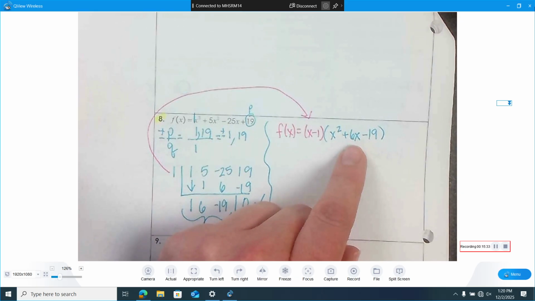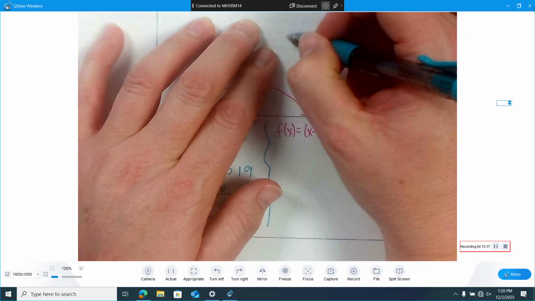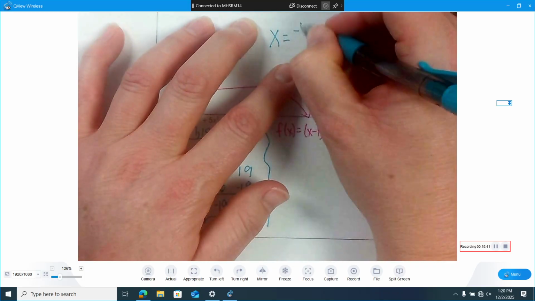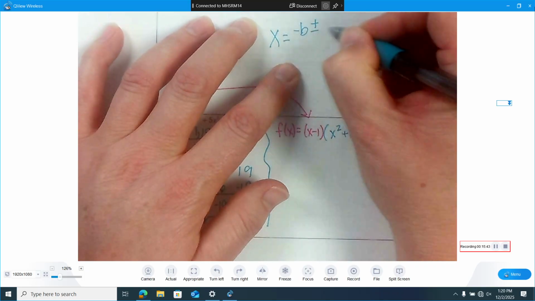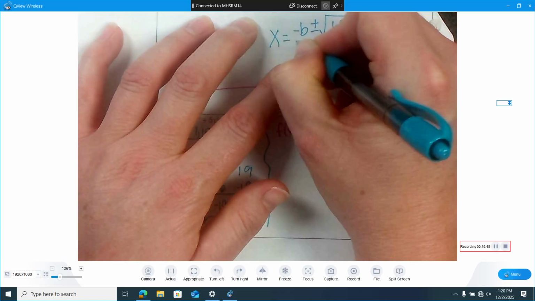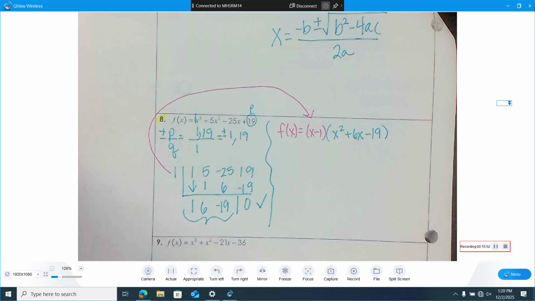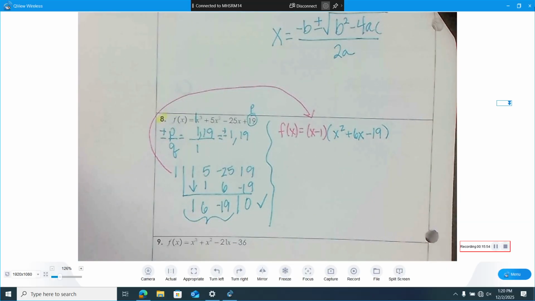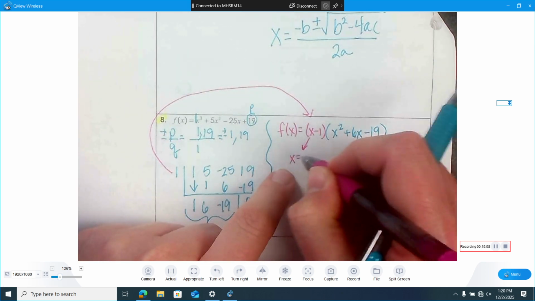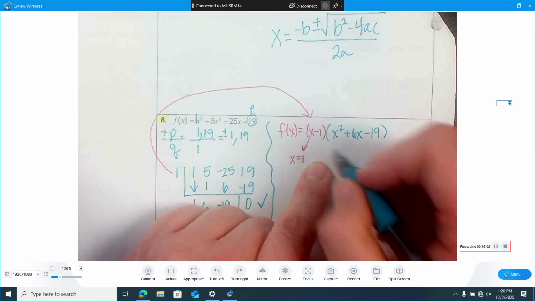And if I cannot double bubble, what do I have to use? Quadratic formula, which is x equals the opposite of b plus or minus the square root of b squared minus 4ac all over 2a. All right? So, write it down. So to find the zeros here, we get x equals 1. Over here, I have to use my quadratic formula.